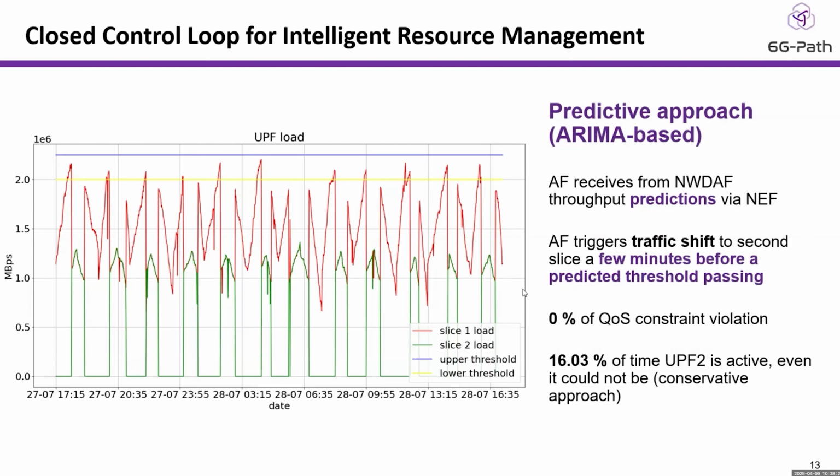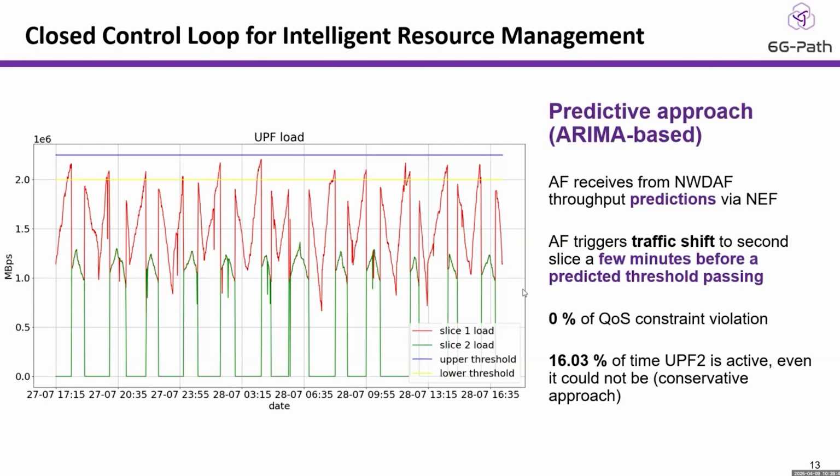We call it a predictive approach because it is based on an algorithm, ARIMA, for those who know, that is analyzing traffic and making predictions of peaks of the traffic that go beyond the threshold. And when this is about to happen, the application function triggers the activation of the second UPF and the load balancing of user traffic over the 2 slices.